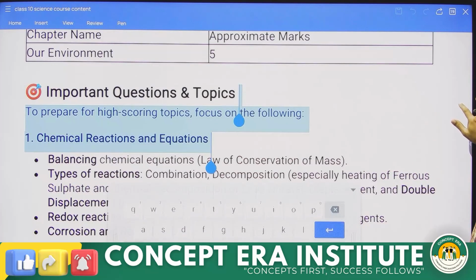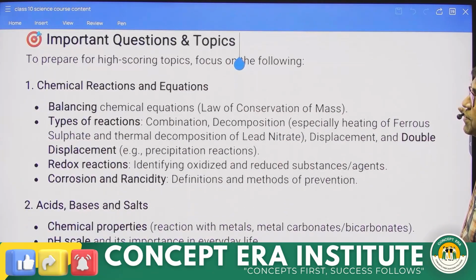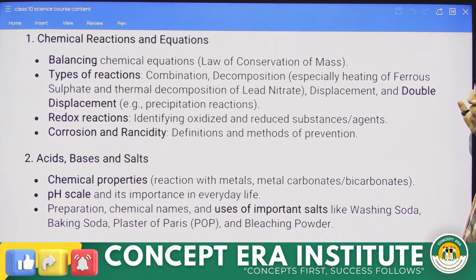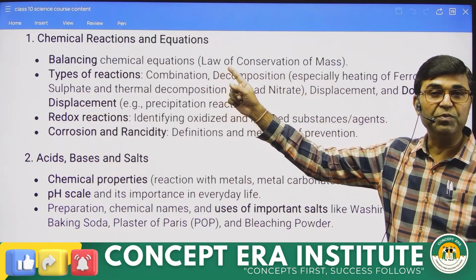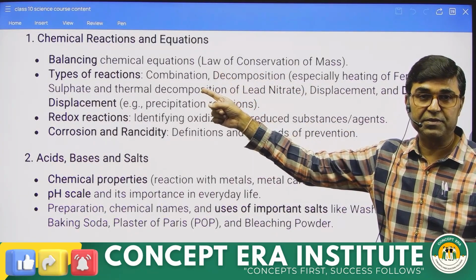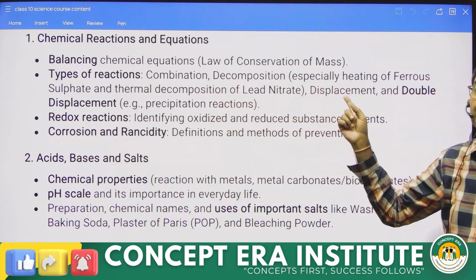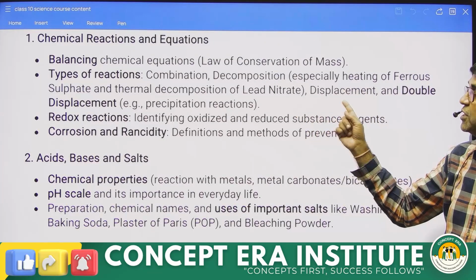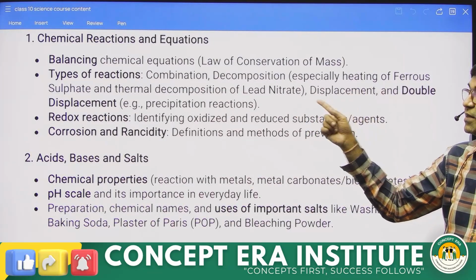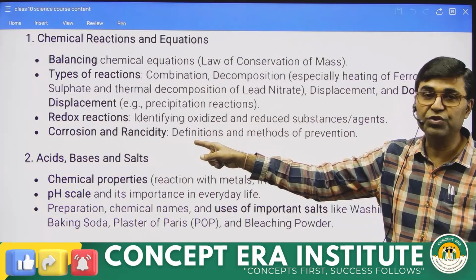Now, I'll be also sharing some important questions, like when you're preparing chemical reactions and equations, balancing, you must practice. Types of reactions, combination, decomposition, double decomposition, and displacement reactions, plus oxidation and reduction reactions, and corrosion and acidity.